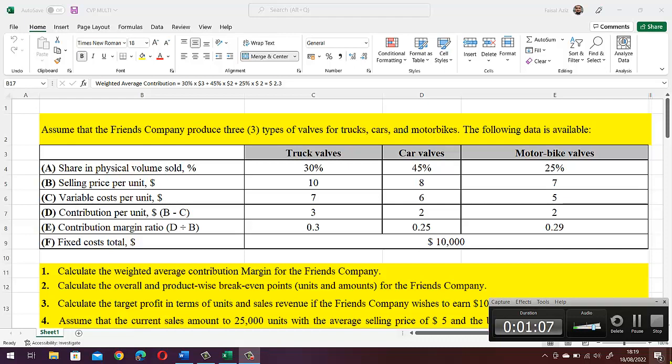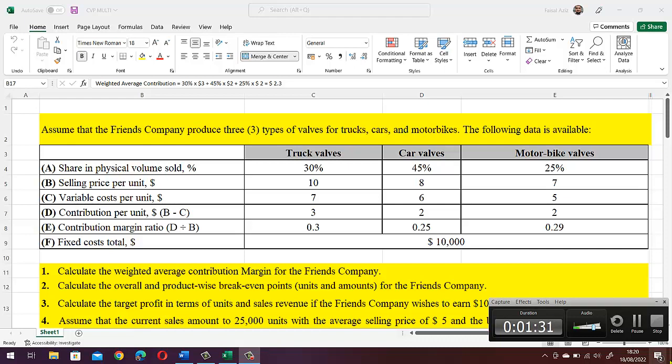In this video, I'm going to explain the same measures such as break-even point, target profit and margin of safety in a multi-product environment with the help of an example. Have a look at the example.